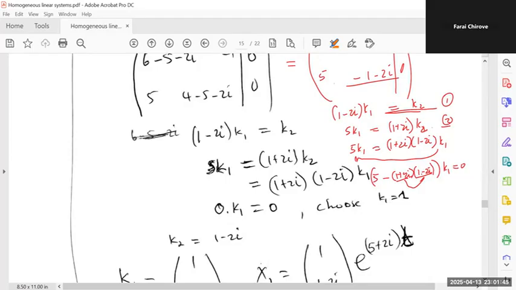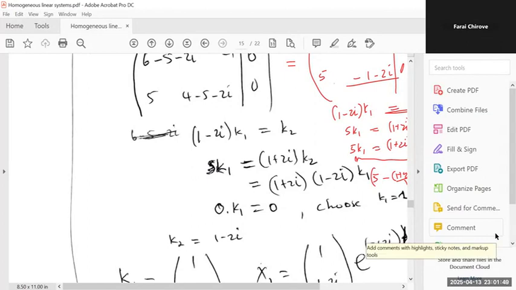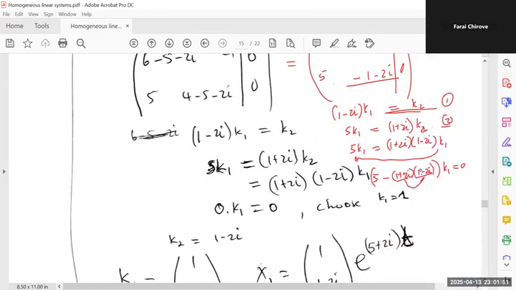So you know when you're multiplying a complex number by its conjugate, a minus bi into a plus bi should be equal to a squared plus b squared. So in this case, 1 plus 2i into 1 minus 2i is equal to 1 squared plus 2 squared, which is equal to 5.